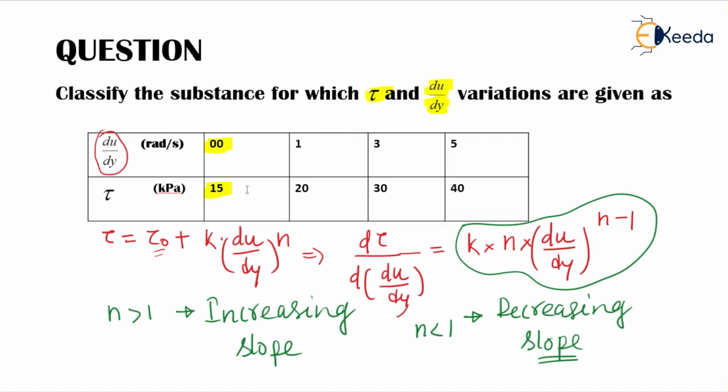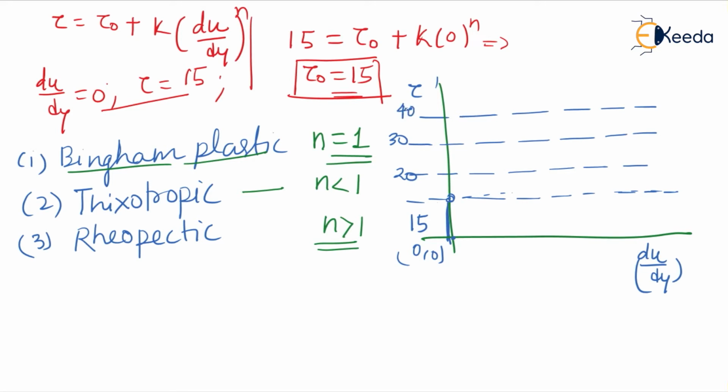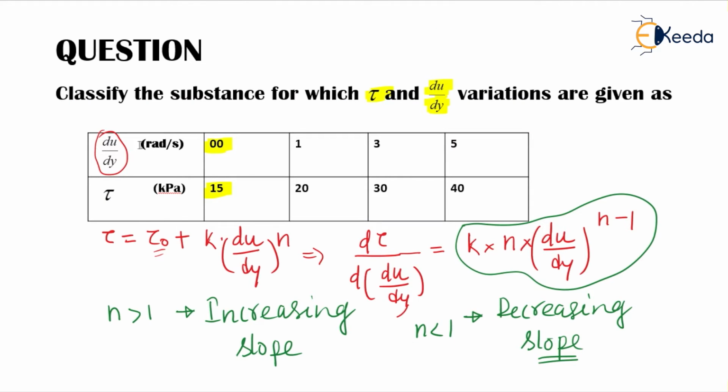The data is given: 15, then 20, 30 and 40. So we will mark that. We will mark 20 somewhere here, then 30, and then this is 40. Now we need to mark the vertical lines as well for the du over dy values.